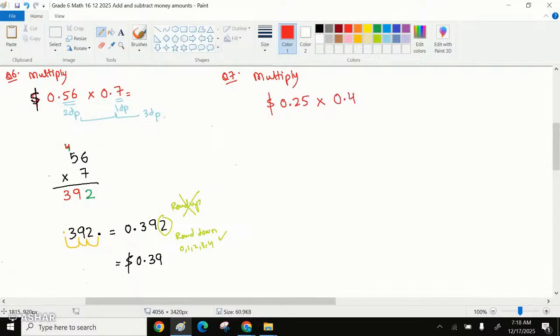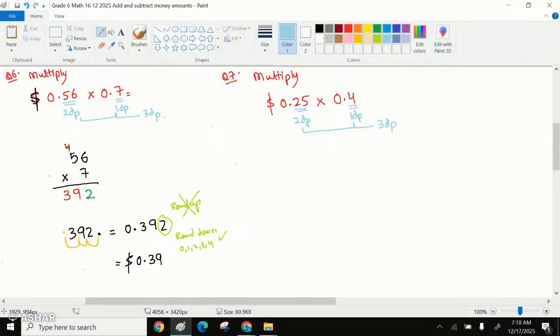Okay. So once we are multiplying these numbers together, we need to count the number of decimal places. There were 2 decimal places and there is 1 decimal place. That means altogether there are 3 decimal places.